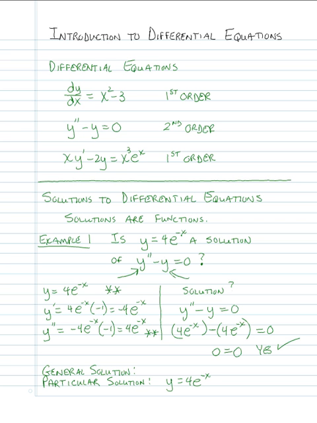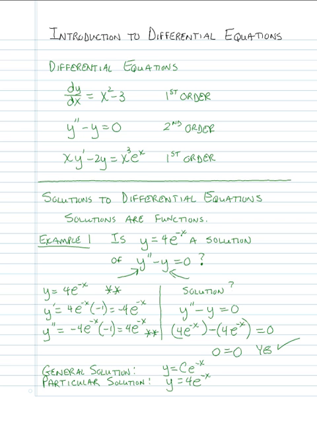Now, it so happens that it really doesn't matter for this differential equation what constant we have as a coefficient of e to the negative x. That is, any equation of the form y equals some constant, and in this case our constant was 4, but some constant times e to the negative x, any equation of that form will be a solution to the differential equation.